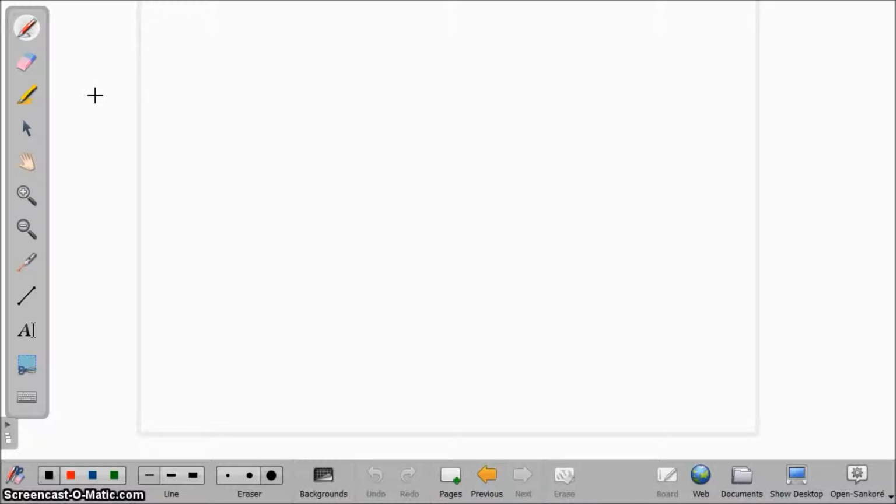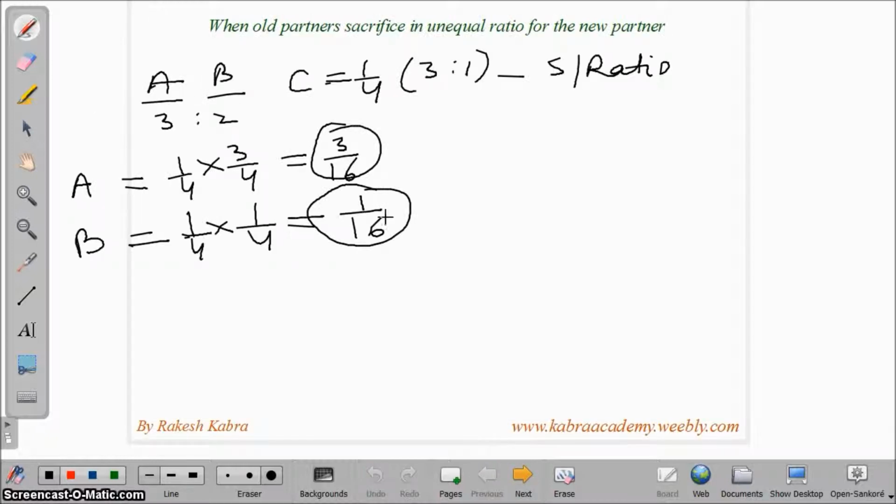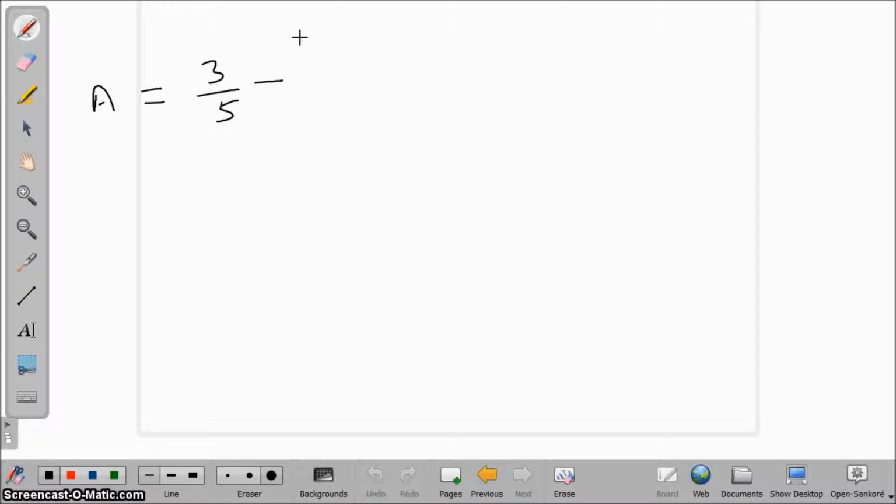So for A's new share, first we will take A's old share, that is 3/5, and now we will subtract A's sacrifice, and we know that A's sacrifice is 3/16. So we will subtract 3/16. Now LCM is 80.